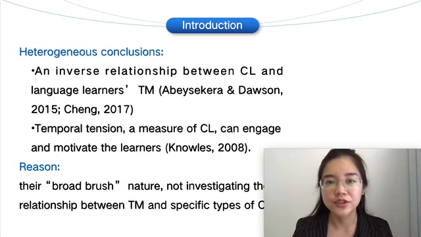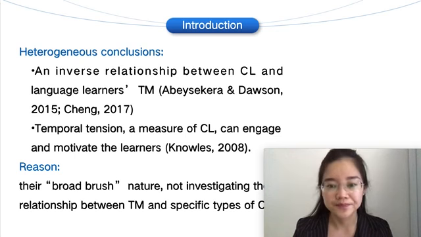Regarding the relationship between task motivation and cognitive load, previous studies gave us heterogeneous conclusions. For example, some researchers argued that there is an inverse relationship between cognitive load and the language learner's task motivation.